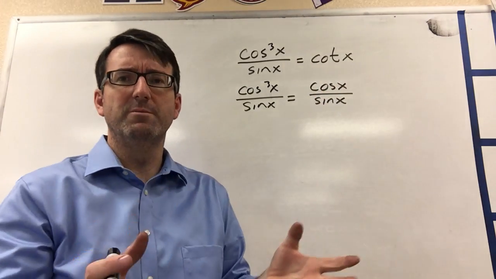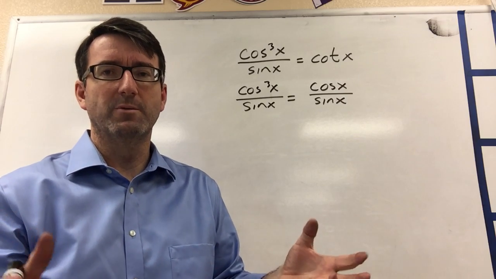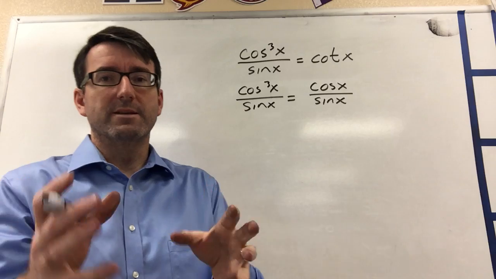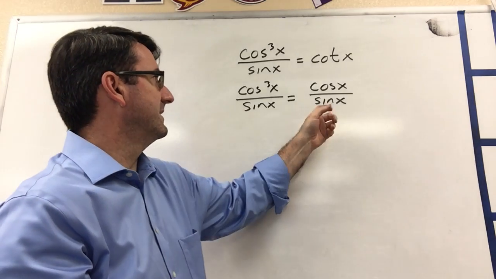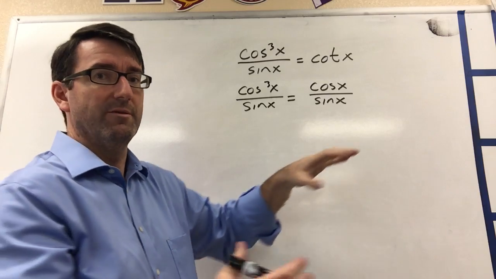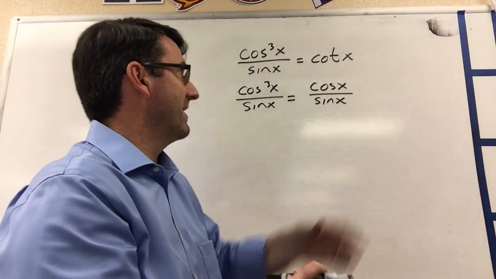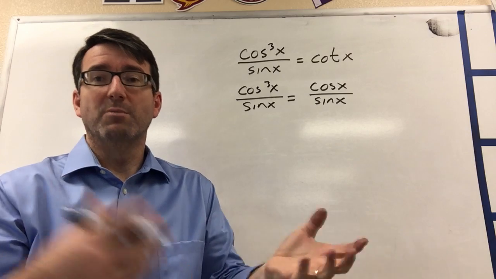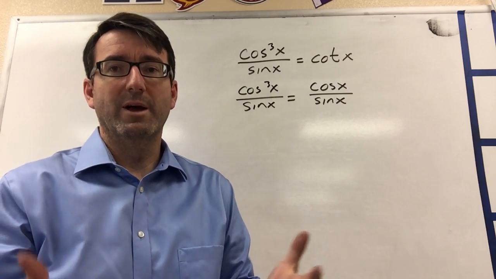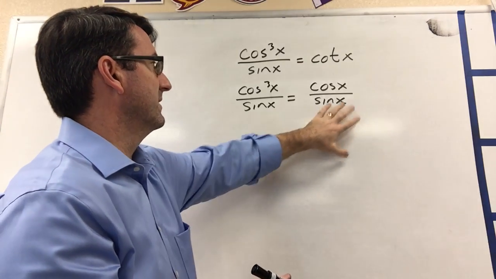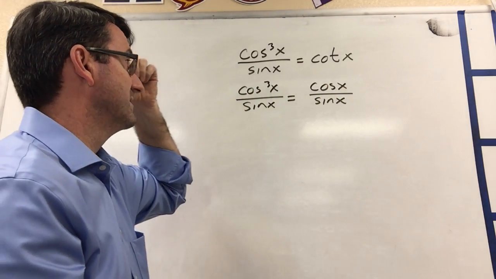Well, you really should be careful about multiplying both sides of an equation by any variable, because it could be that the solution is that cosine x is equal to 0, and if you're multiplying or dividing both sides by that, then you're multiplying or dividing both sides by 0, and that is a no-no.